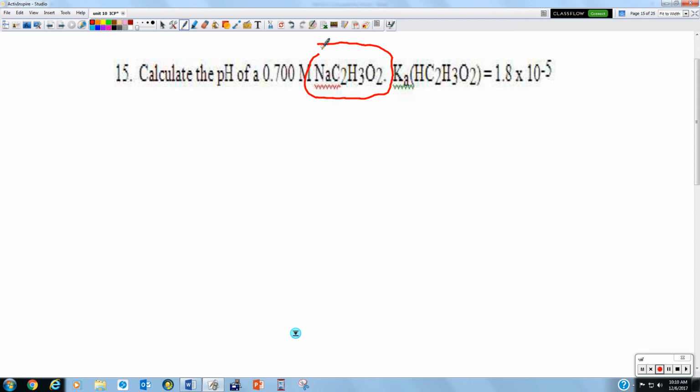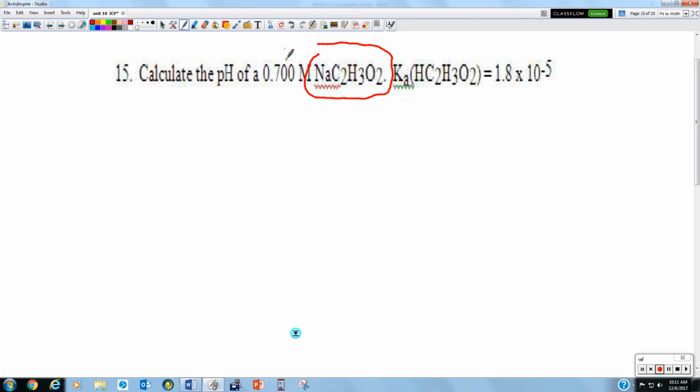The reason we know it's a salt is because it has that metal cation and the polyatomic anion. I don't remember what this one, I think this one is acetic acid. No, sodium acetate is what it is, I believe. So this is our salt. This is acetic acid right here. You'll need this information later. I'll show you where the info came from later.